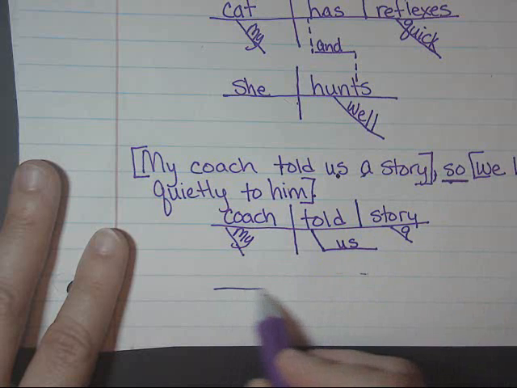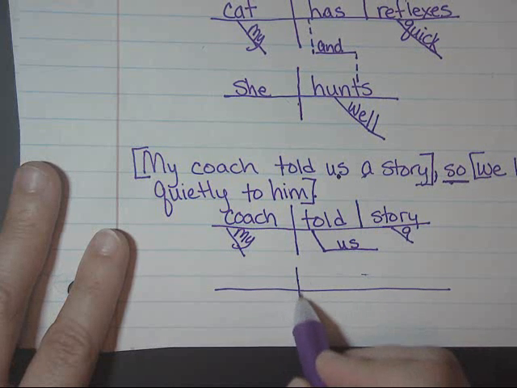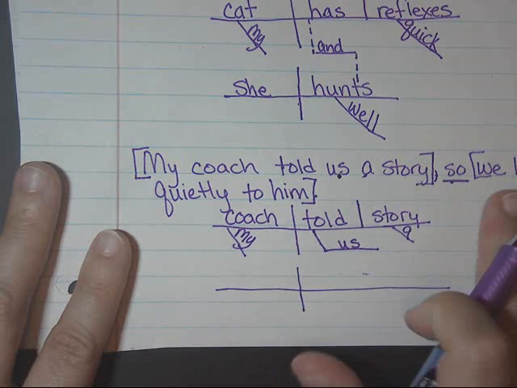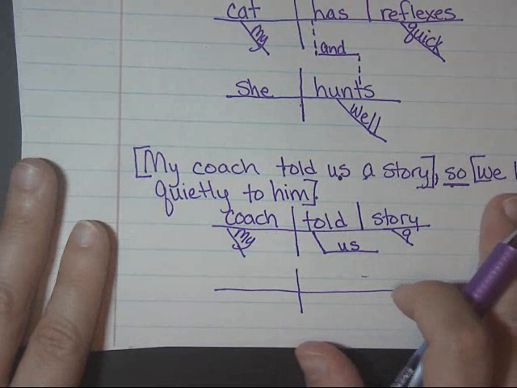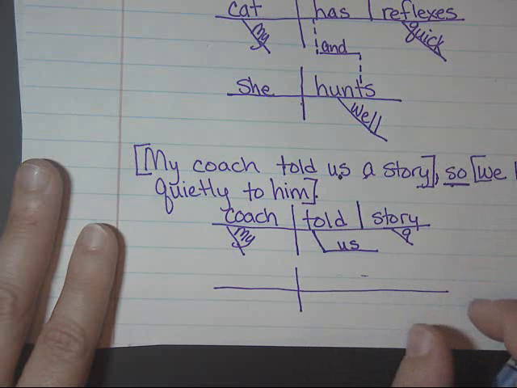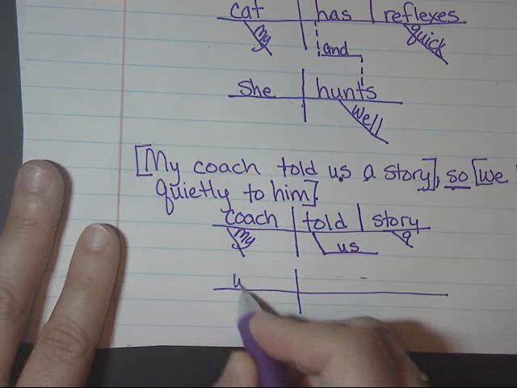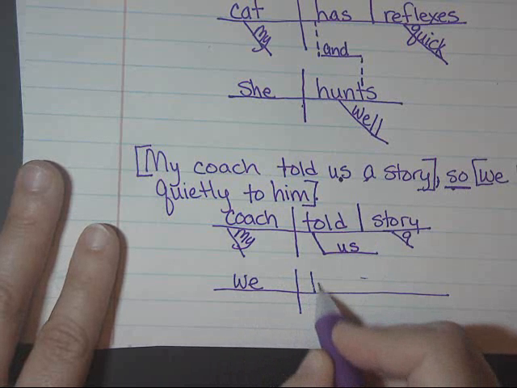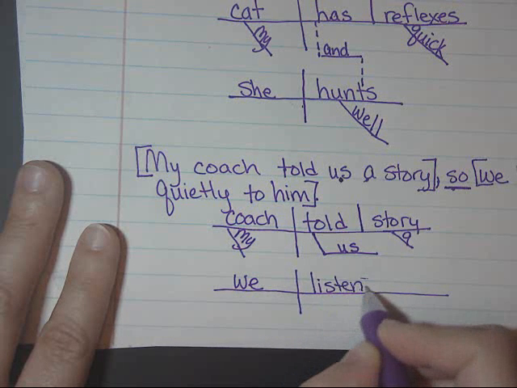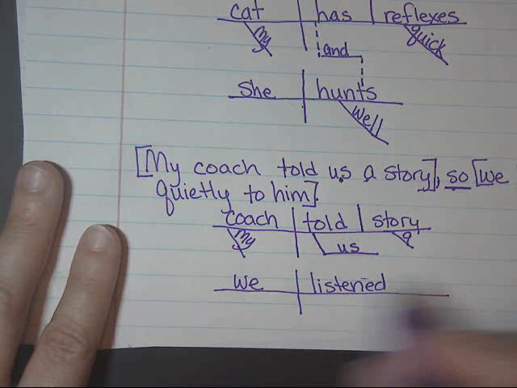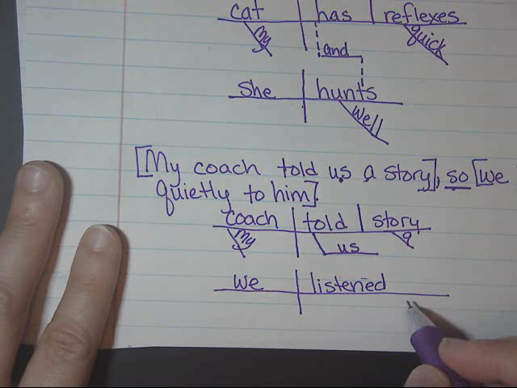Go down, make a second diagram directly under the first, and treat this like a separate entity. Where's your subject? Good. And our verb? Very nice. We listened what? No, that's how.